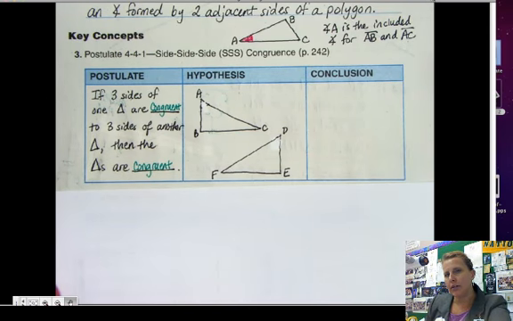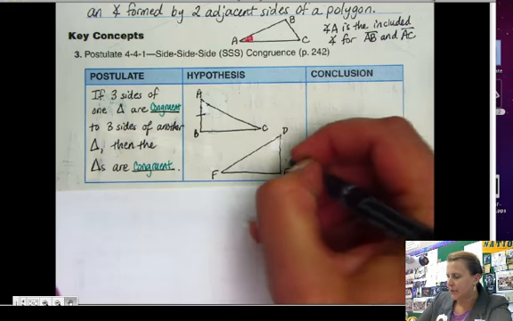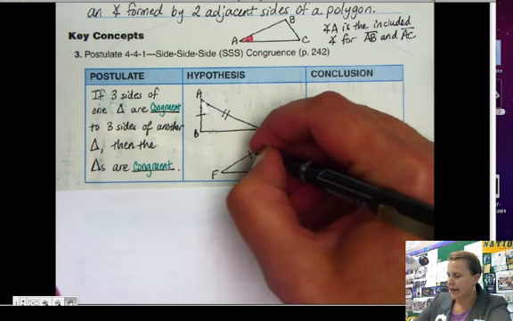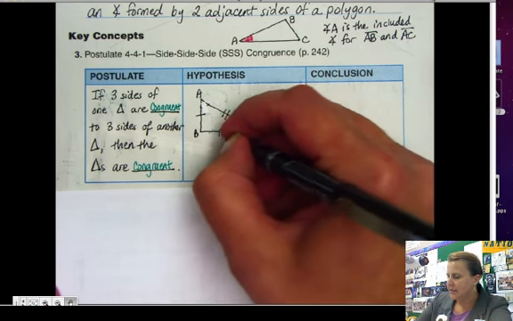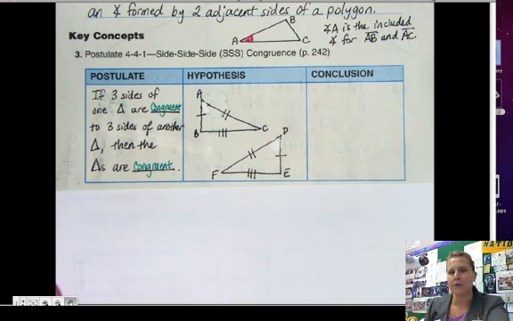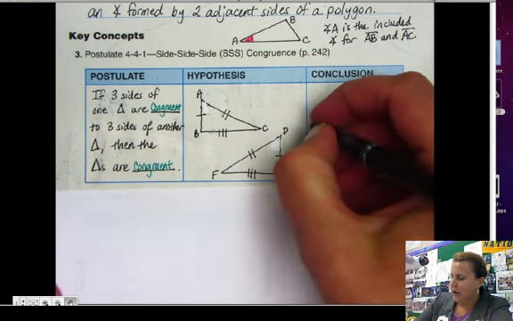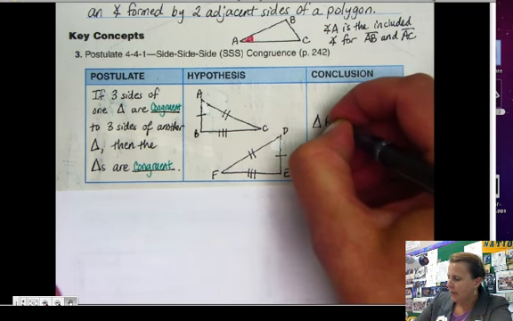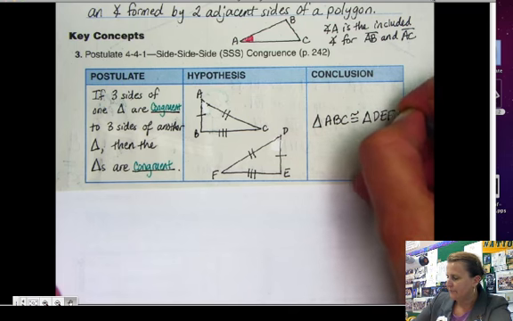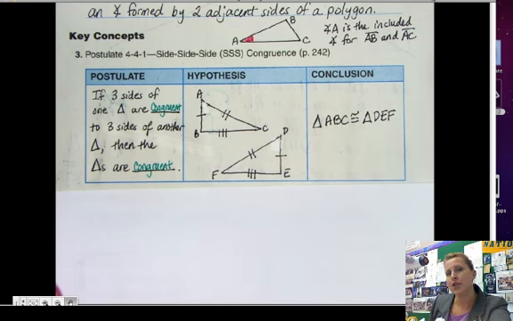If I am told that side AB is equal to side DE, side AC is equal to side DF, and side BC is equal to side FE, then that's all you need to prove that triangles are congruent. You no longer have to have all three sides and all three angles. Just all three sides is enough. So if I have this information, then I know that triangle ABC is congruent to triangle DEF. So that's one shortcut.